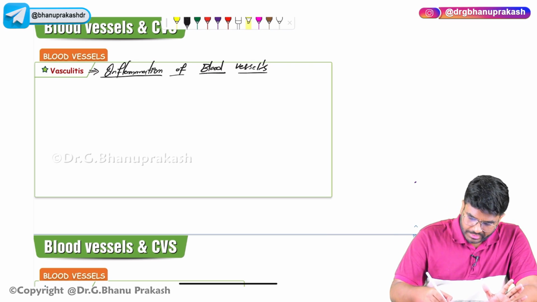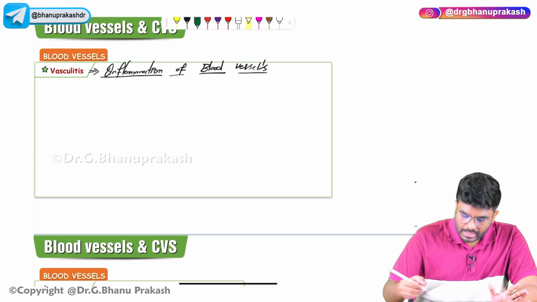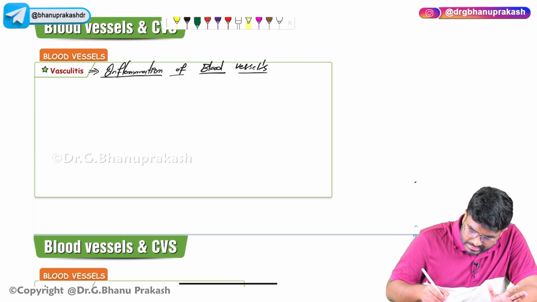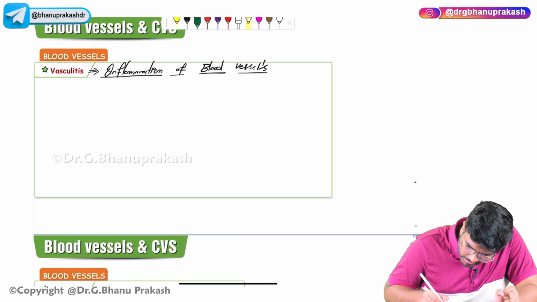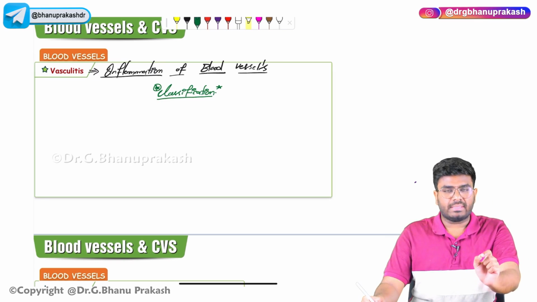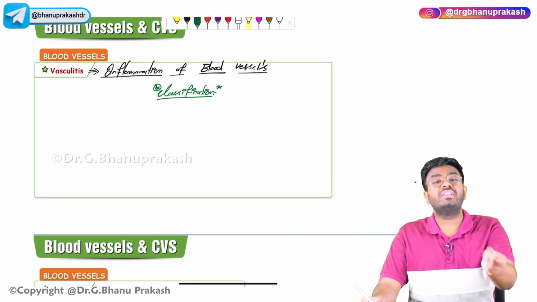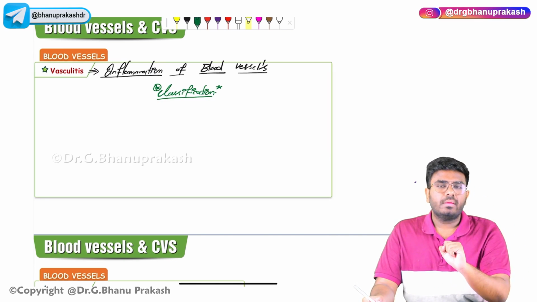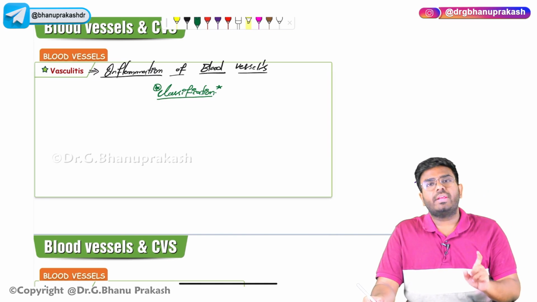So the etiology is idiopathic. And what are the types of vasculitis? Let's talk about the classification. This is most important. Classification of vasculitis: based on the type of blood vessel to which the inflammation is happening, vasculitis is divided into 3 types.